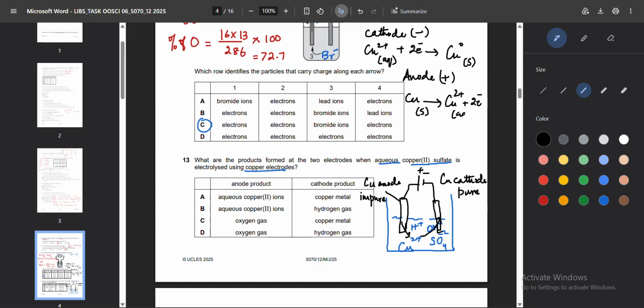Okay, so which is the correct option now? The correct option is A. Okay, that at anode we have aqueous copper 2 ions, and at cathode we have copper metal.